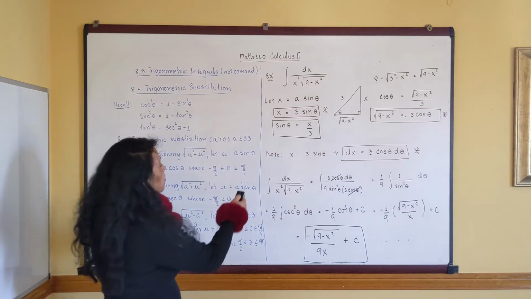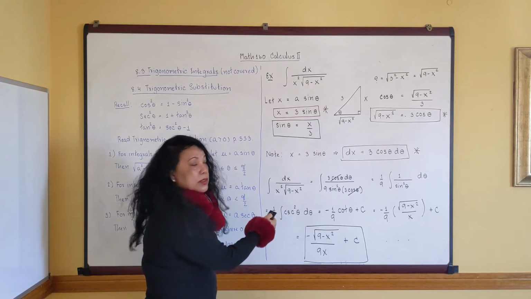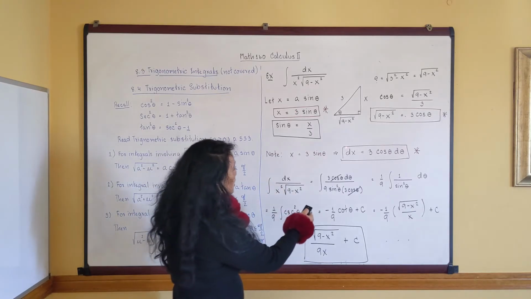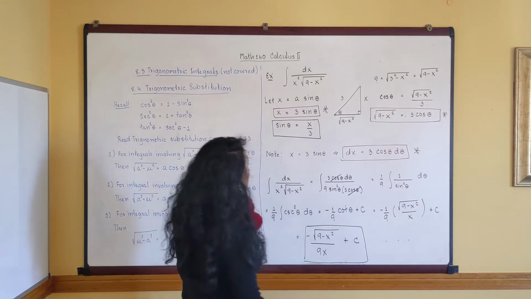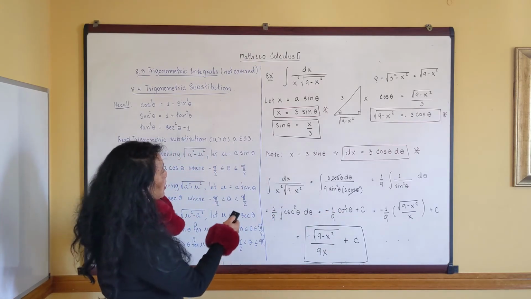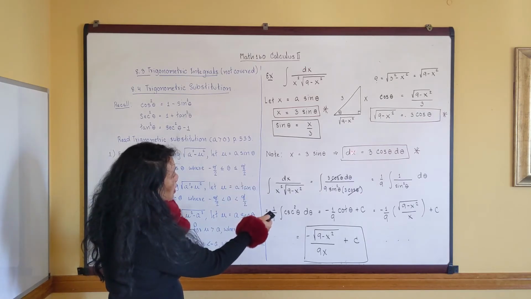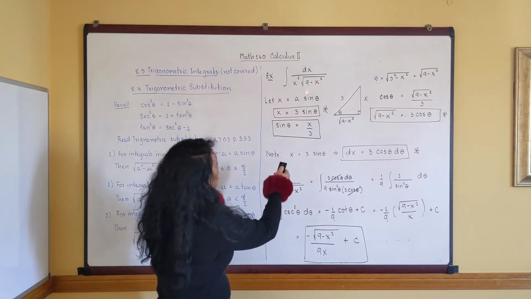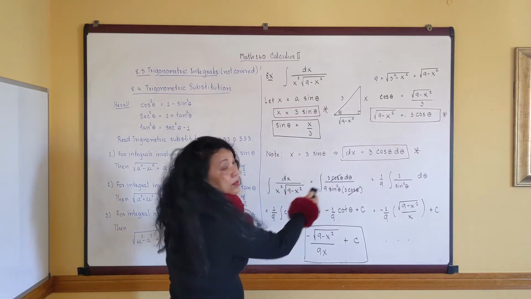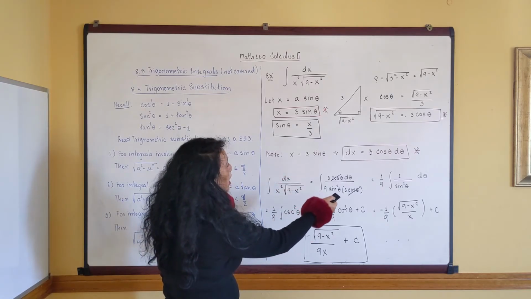And if x equals 3 sine theta, then taking the derivative, dx would be 3 cosine theta d theta. Look at the asterisk here. I have dx, I have x, and I have the square root of 9 minus x squared. I have everything.